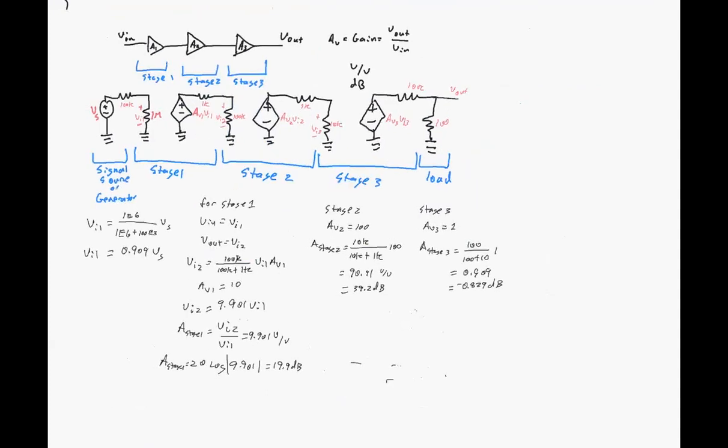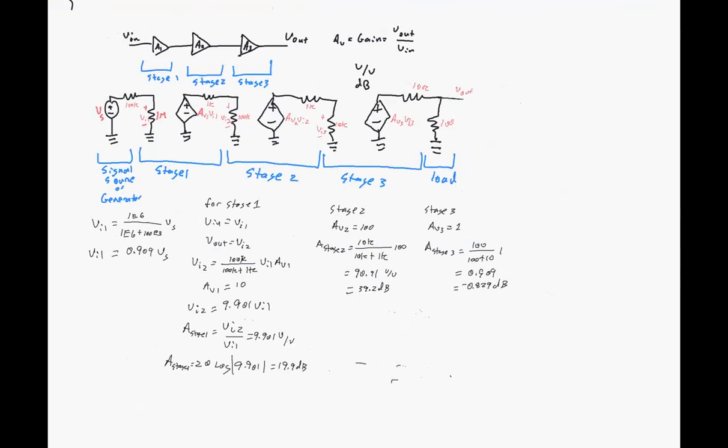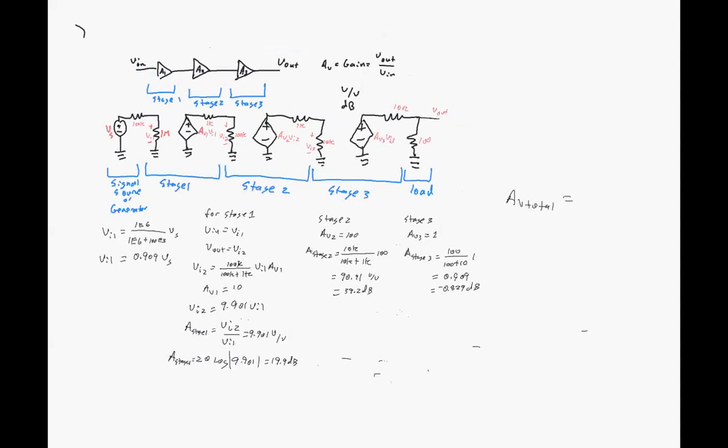And if we wanted to find the gain from the output all the way back to the amplifier input, so that's a 3-stage amplifier gain, I'm not talking about back to the source here, I'm just talking about back to the amplifier input. If we want to find that, we look at the total gain. That would be equal to the product of these gains.